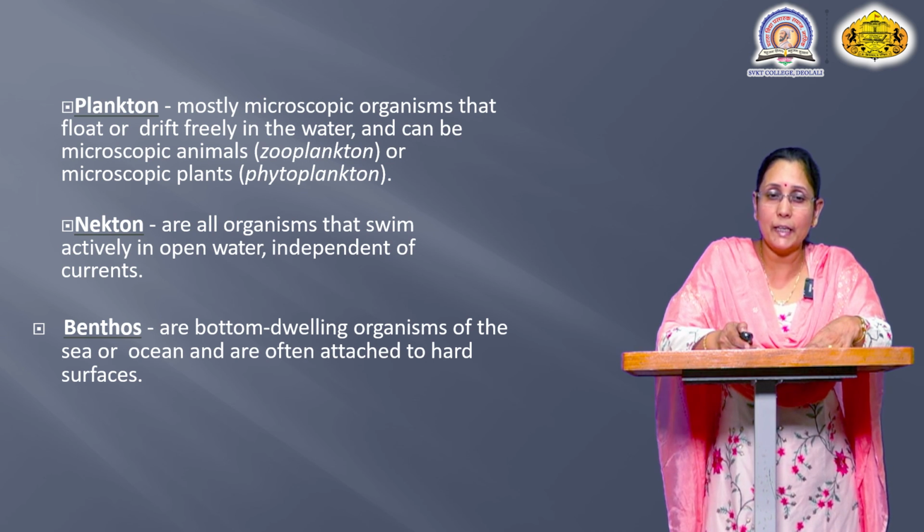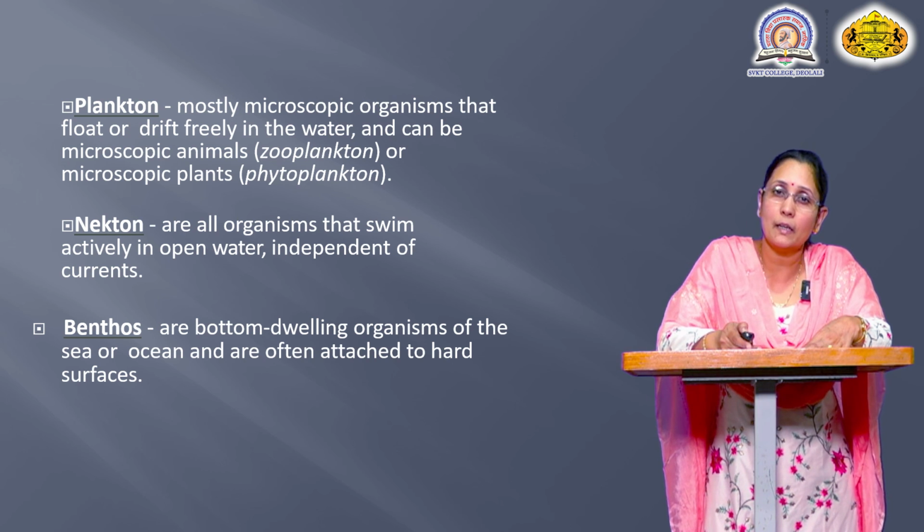So this is about planktons, zooplanktons and phytoplanktons. Then nectons, especially at the middle zone of the aquatic ecosystem, can be seen. What are these nectons? These are the organisms which swim actively in open water. Sometimes they depend upon the water current, or sometimes they are independent of the water current. Then last, a different kind of organisms are the benthos.